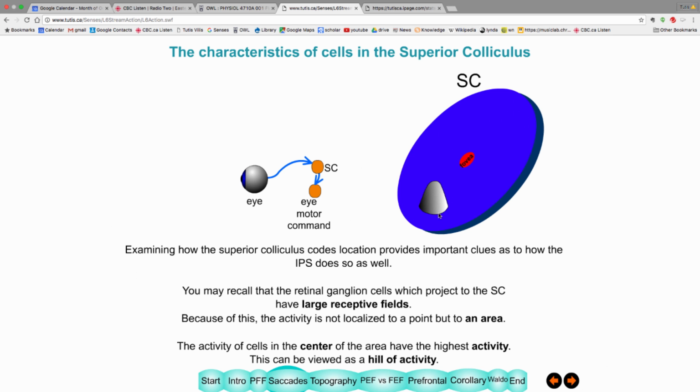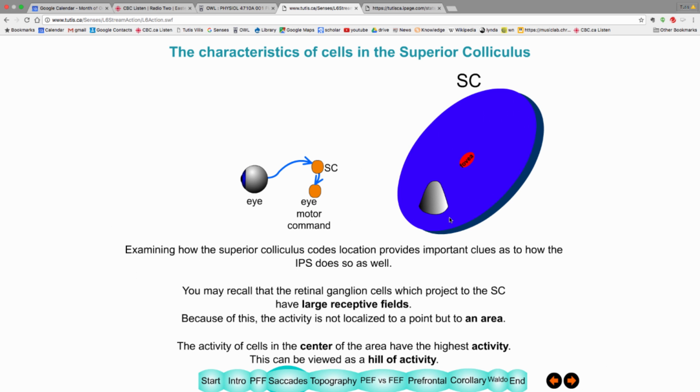But again, these neurons here have large receptive fields, and so it might be one here that's firing a little less, and one over here a little more, and one here right in the middle that's firing the most. And all these neurons firing can be described as a hill of activity. Okay?